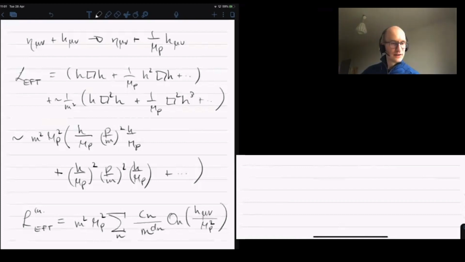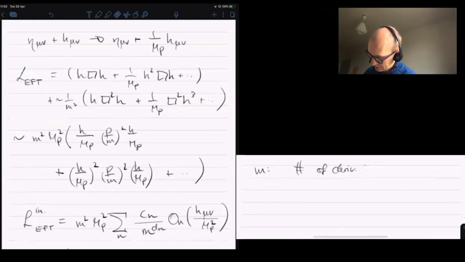So m counts the number of derivatives in the interaction, and m Planck counts the number of graviton fields.